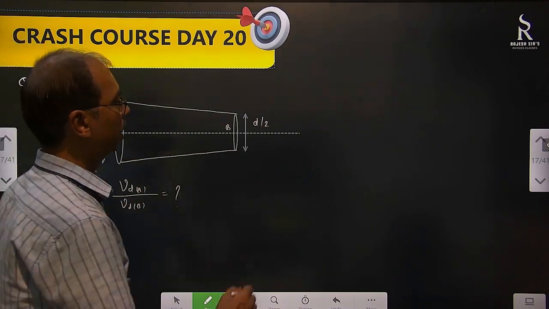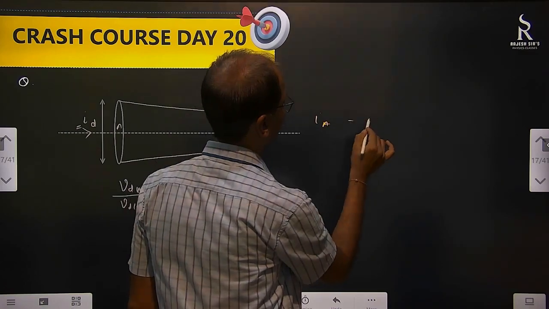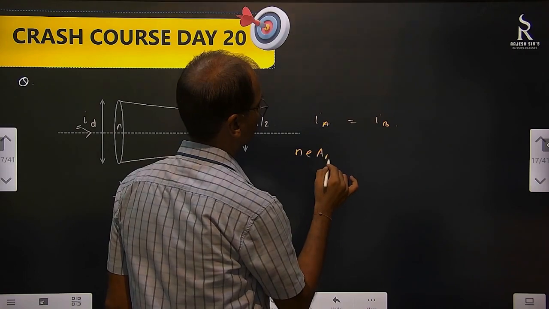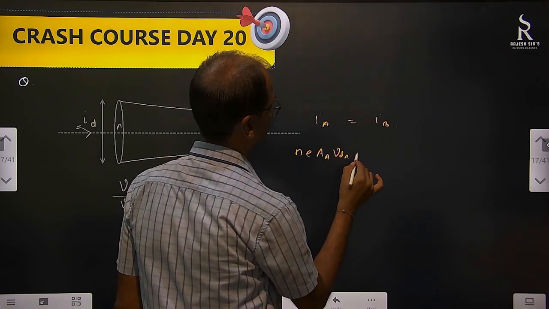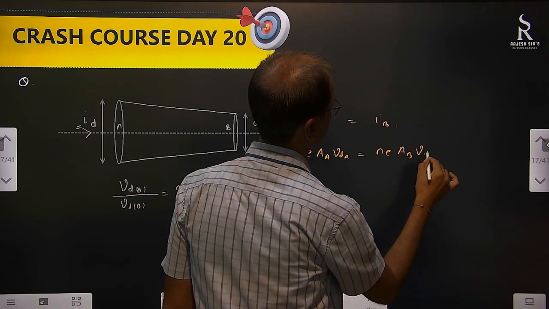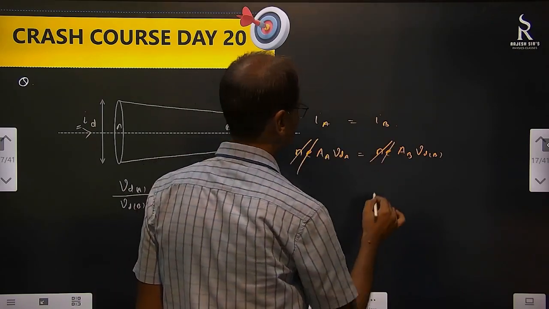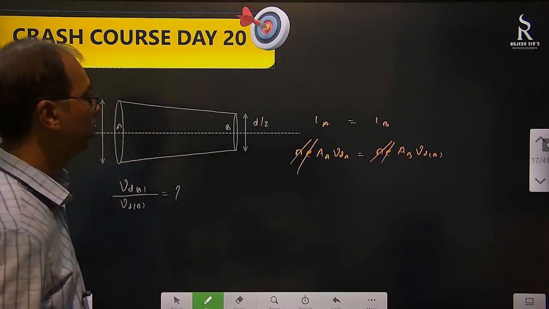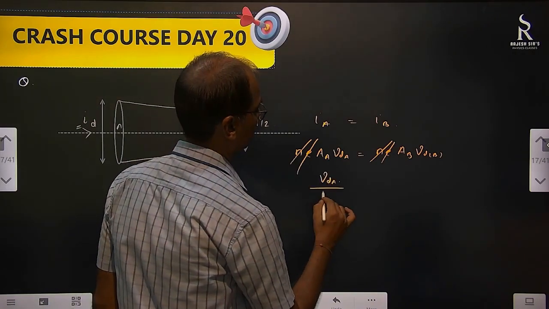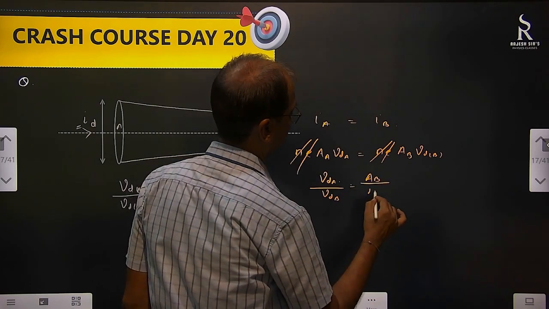Again, I at A equal to I at B. This is N E area at A into drift velocity at A equal to N E area at B into drift velocity at B. This is the same conductor, the same electron, so VdA by VdB equal to area at B by area at A.